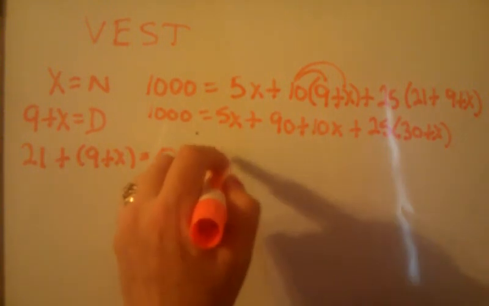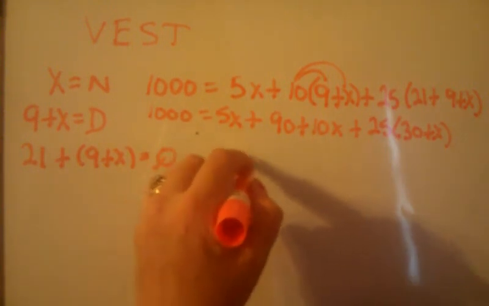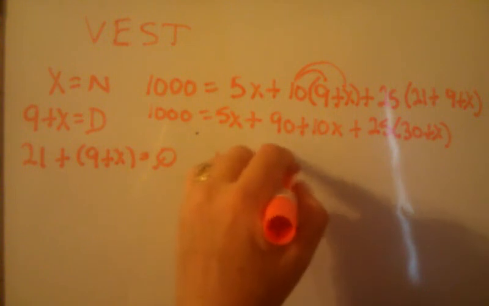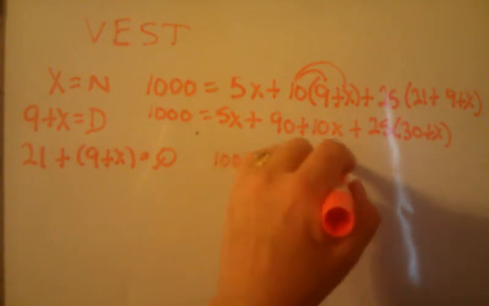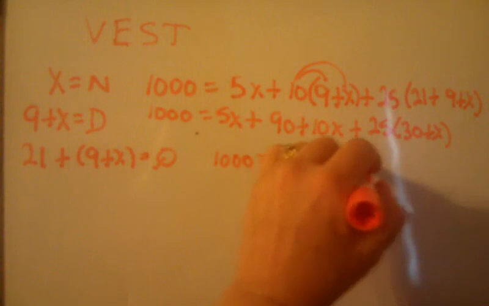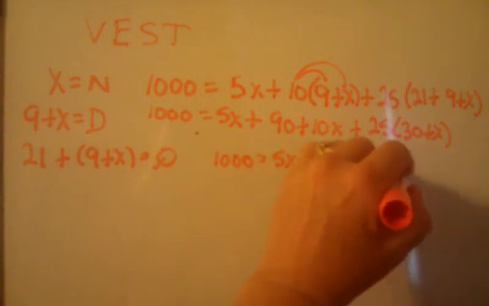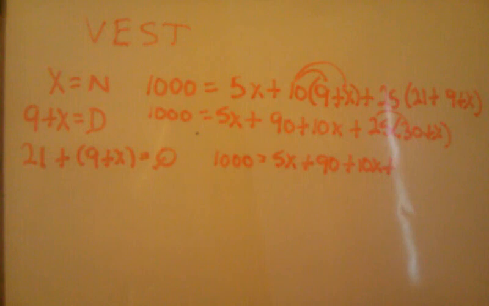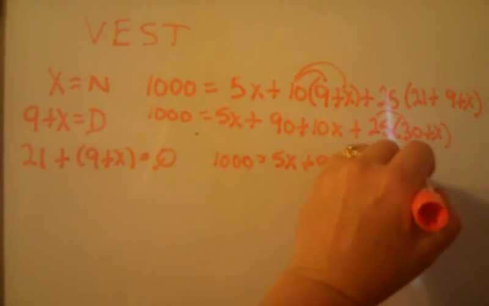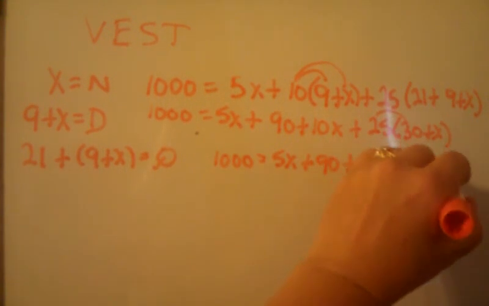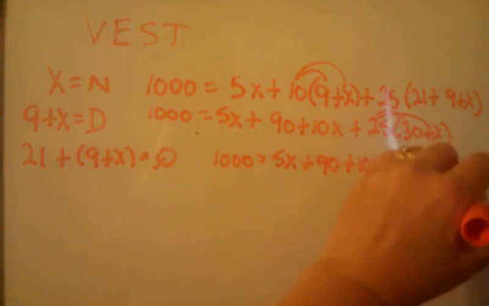So I have 1,000 equals 5x plus 90 plus 10x plus, okay, 25 times 30. You can use your calculator. 25 times 30 equals 750 plus 25x.